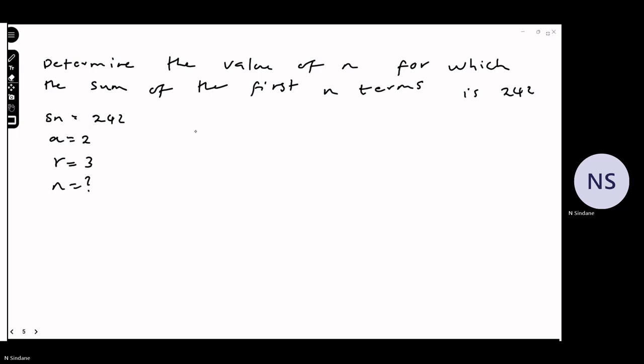So we know the formula that says Sn is equal to a times (r to the power n minus 1), divided by r minus 1.